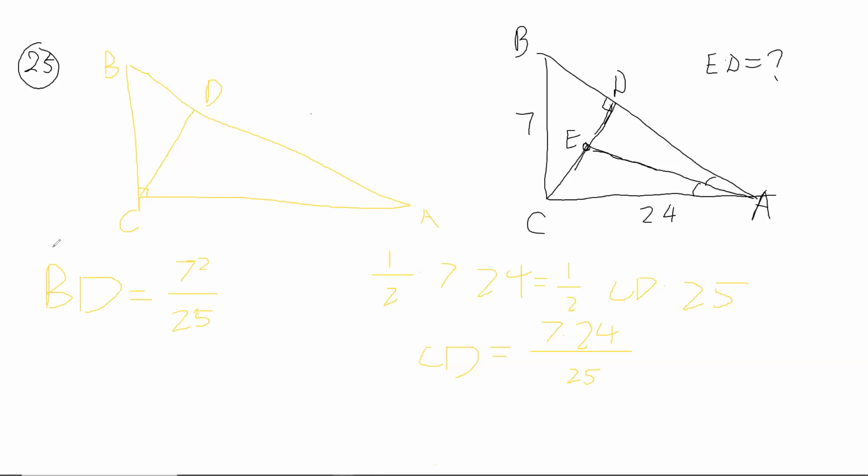So from here, we can subtract 25 minus the length of BD to find that AD equals 2 to the 6th power times 3 squared all over 5 squared.